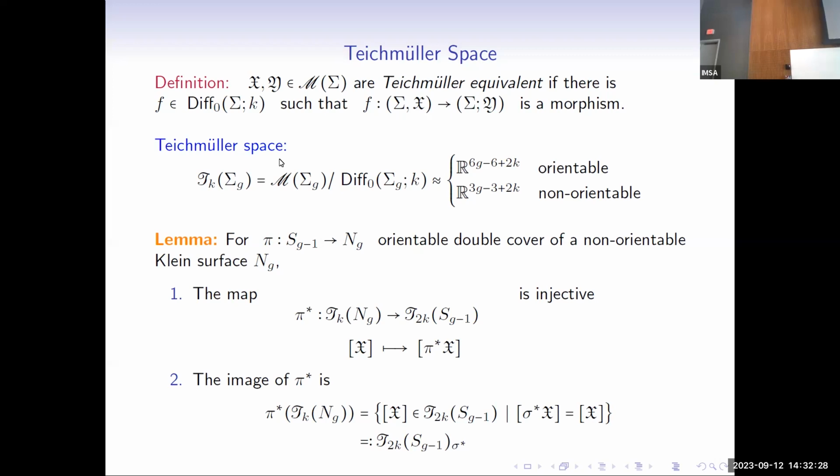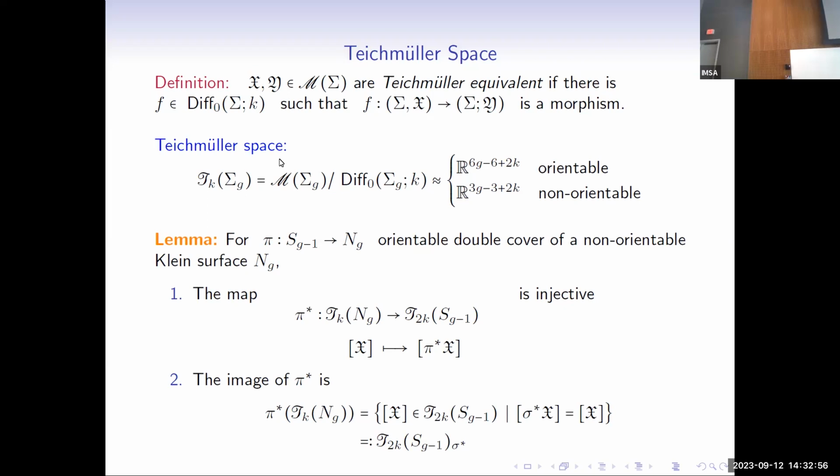Also, this orientable double cover induces a map of the corresponding Teichmüller spaces, like this. So if I take the projection, then this induces a mapping by pullbacks, right?